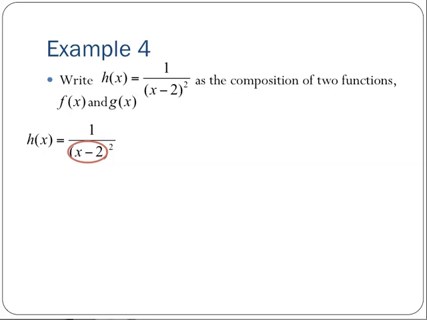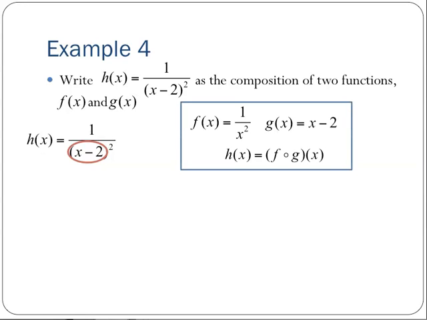Let's say g of x is the inner function. And then the outer function, what does the outer function have to be? Take whatever you circled, and if you make that part that's circled an x, that tells you what the outer function is. It would be 1 over x squared. So in this case, g of x is equal to x minus 2, and then my outer function is f of x, which is equal to 1 over x squared.